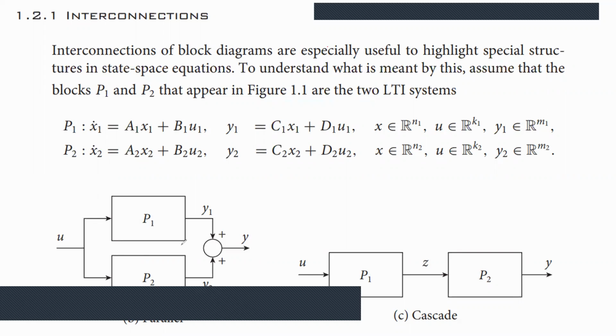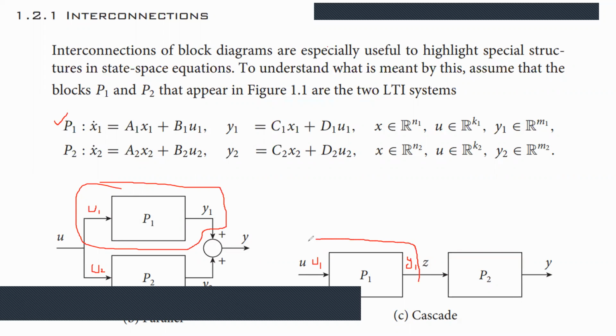So considering each block a separate block, considering U as U1 here and U2 here, we can write individual equations. For example, for this upper block, we can write an equation for P1, and this equation is also valid if we write here U1 and here Y1.